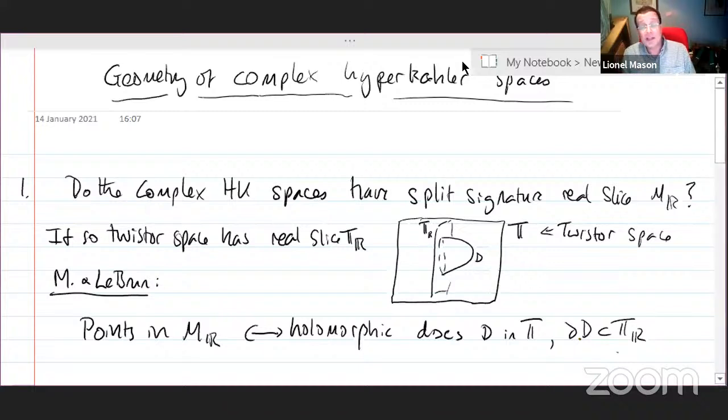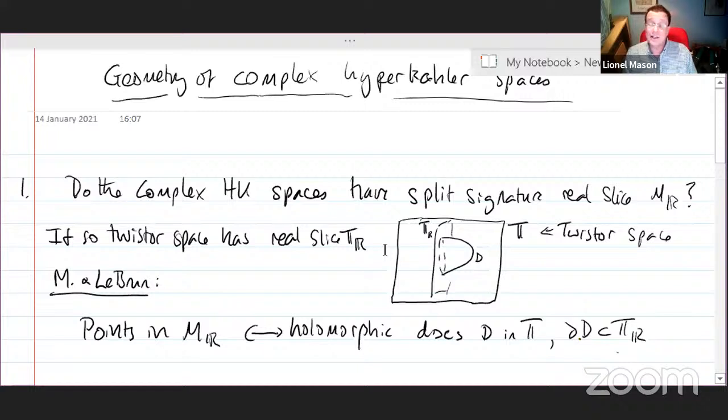where if you have a split signature real slice, then you can still define your twistor space, but the twistor space now has a totally real slice in the sense that there's a complex conjugation involution on the twistor space which fixes TR. And then instead of looking at your twistor lines, you actually want to look at holomorphic disks with boundary on this real slice.